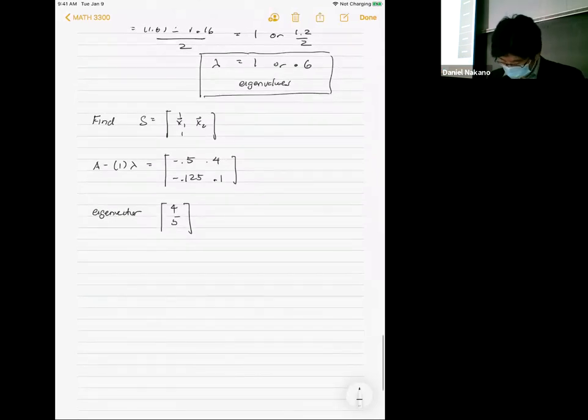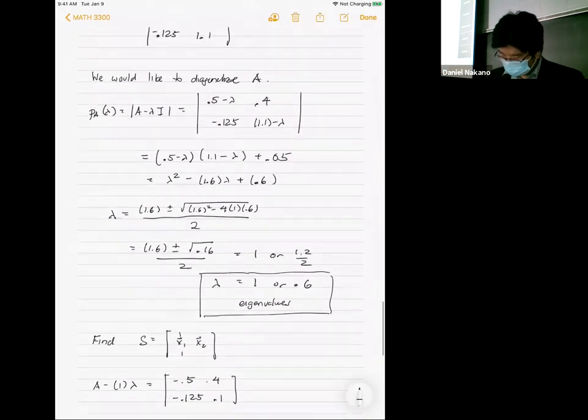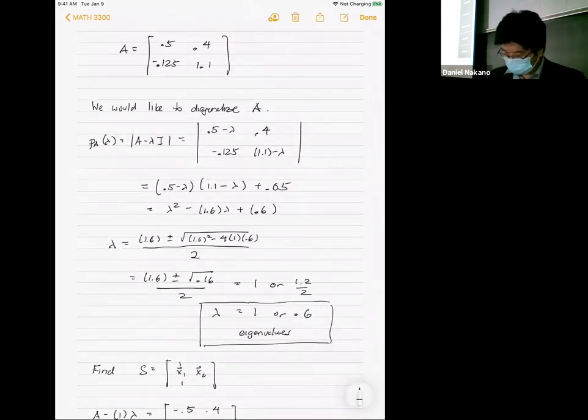And then when you take A minus 0.6 times I, you get the following: minus 0.1, 0.4, minus 0.125, and 0.5, because you're subtracting off 0.6 from the diagonal on both of those.